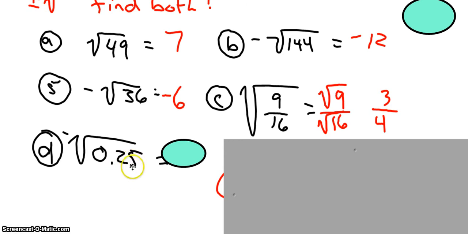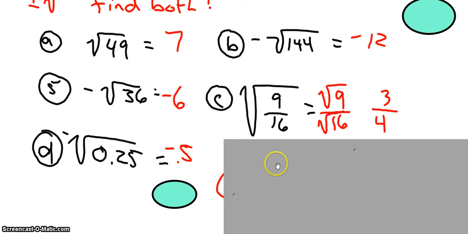So the square root of 25 is 5, so the square root of 25 hundredths is 0.5. 5/10 times 5/10 will give us 2 decimal places, 25 hundredths. Notice that we were being asked for the negative root, so we have negative 5/10.